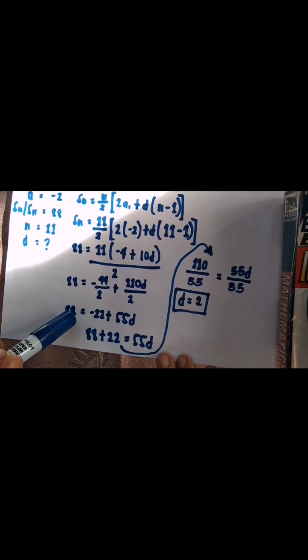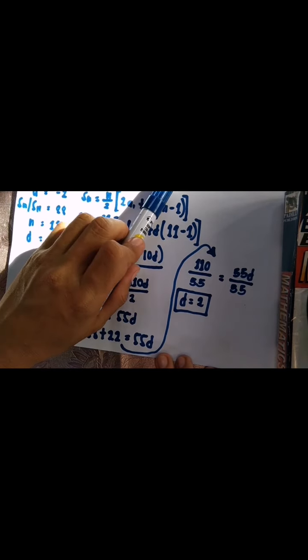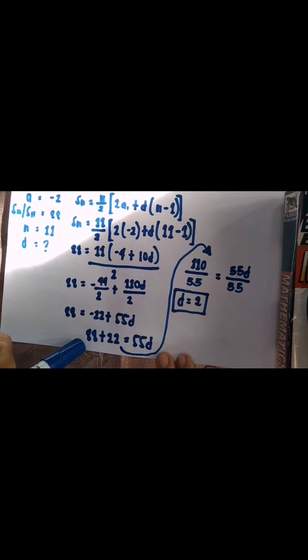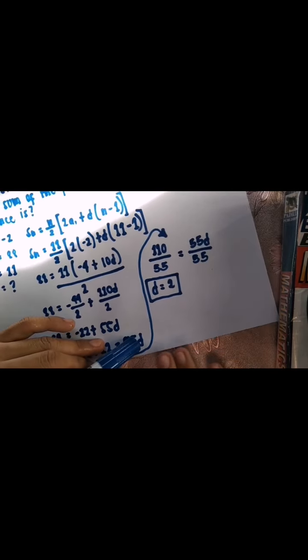So we add the first term, which is 88, plus 22. We add this, then 55D.